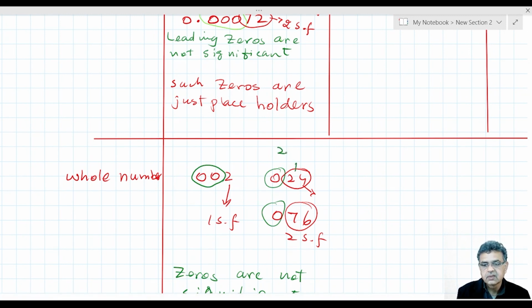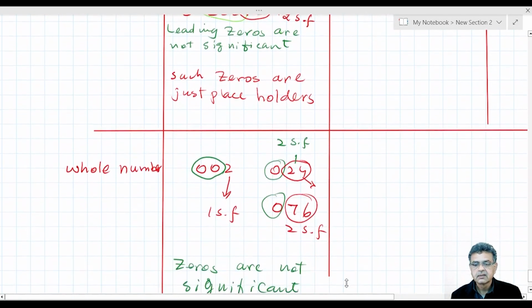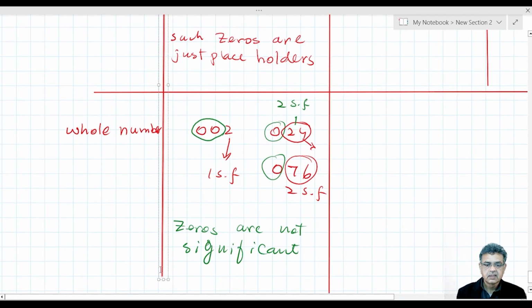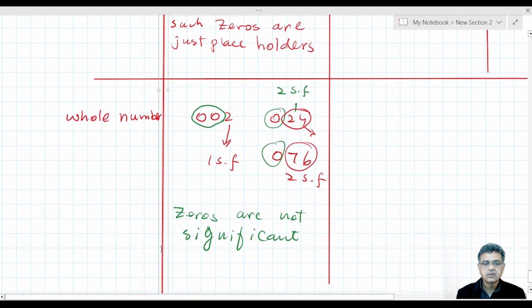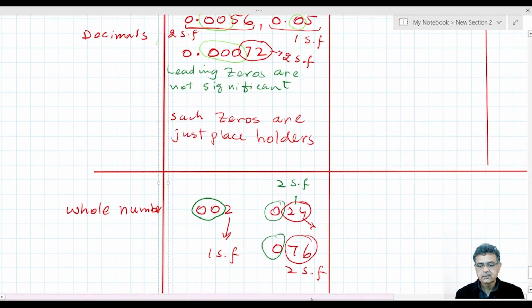This is two significant figures. Okay, let me extend this line. Okay, this is the method of leading zeros regarding decimals and whole numbers. I think it is clear now.